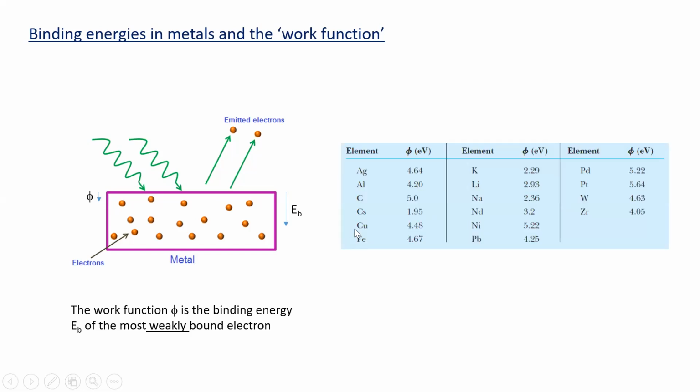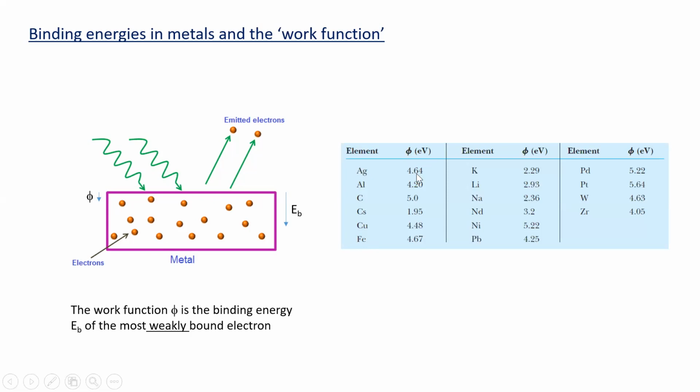And this is just a table taken from our textbook of different work functions. These are in electron volts, and an electron volt is around 10 to the minus 19 joules. It's actually 1.6 times 10 to the minus 19 joules, so it's a small amount, but we're dealing with atoms here, so that's not surprising.